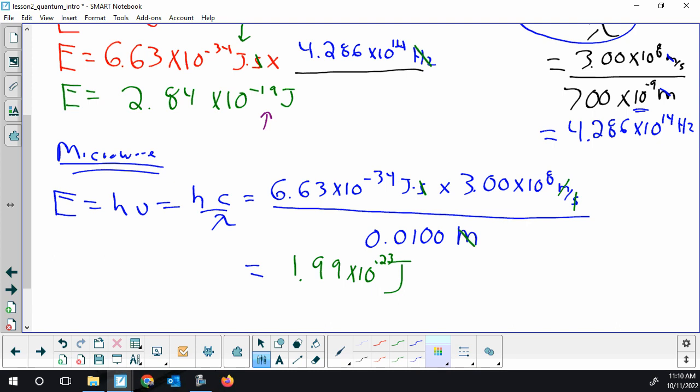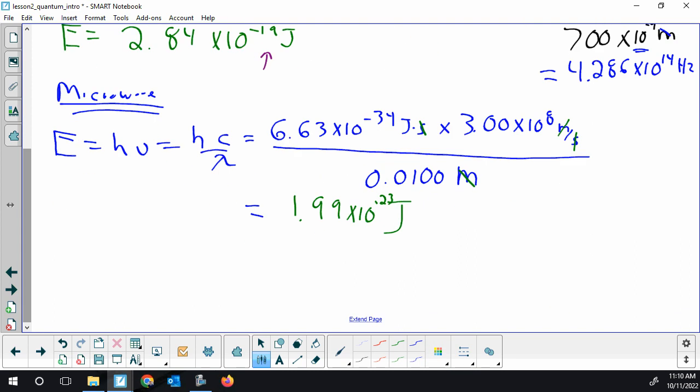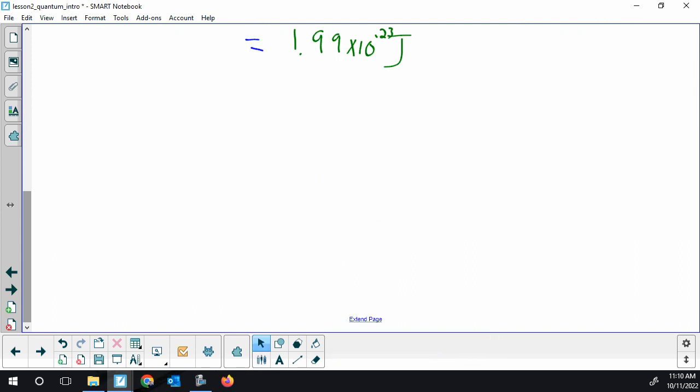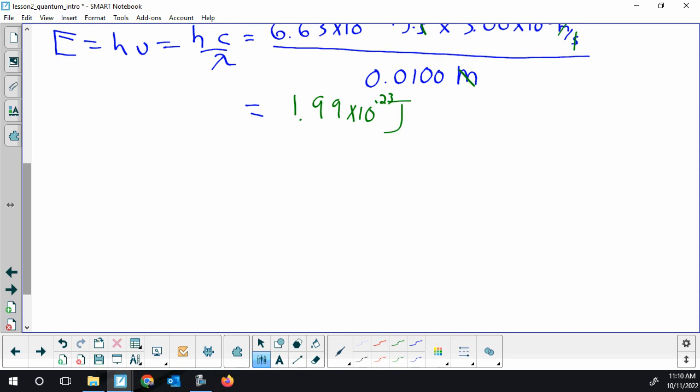Last little bit, this is counting by 1 quanta. We may want to do this for 1 mole. In Science 10, we briefly counted moles of things. Okay, you can have a mole of hydrogen atoms, a mole of oxygen atoms.